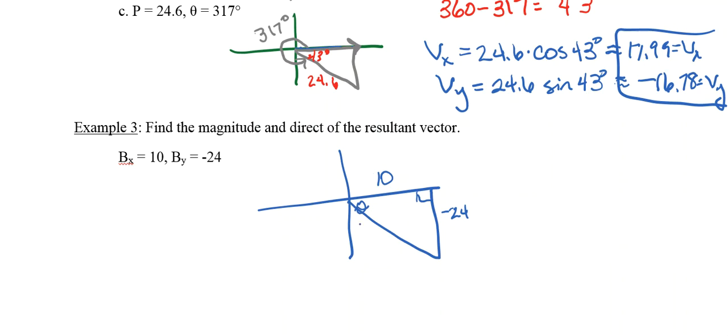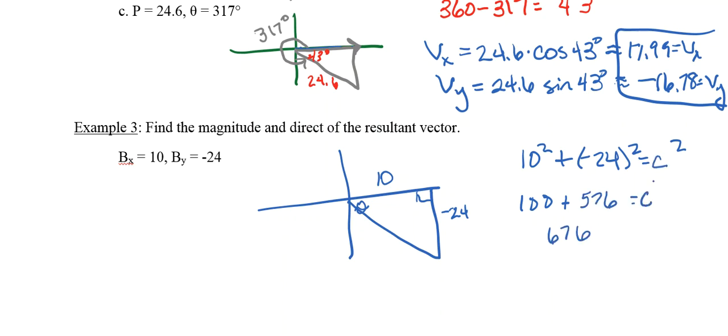So if we think about what we did in last chapter, to find the hypotenuse, we always just did the Pythagorean theorem. So we could do that again. 10 squared plus negative 24 squared would equal my hypotenuse squared. So 100 plus 576 gives me 676. Square root that, so I end up with 26 for my hypotenuse.